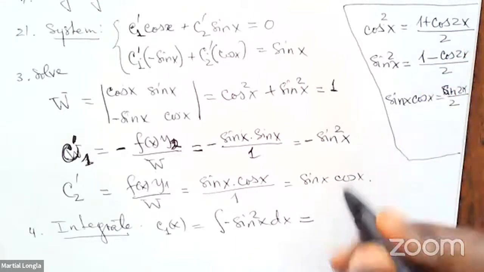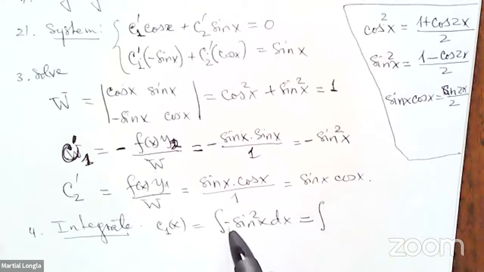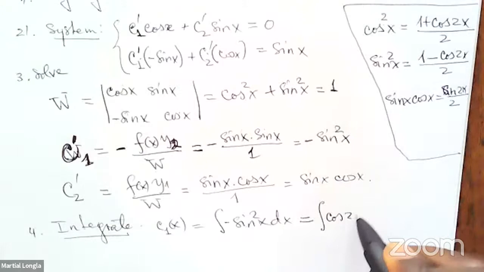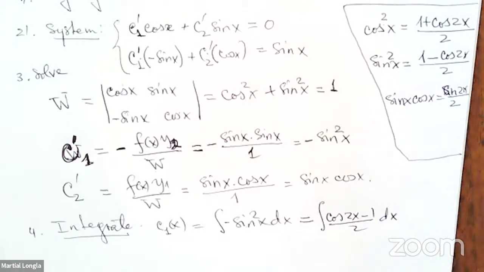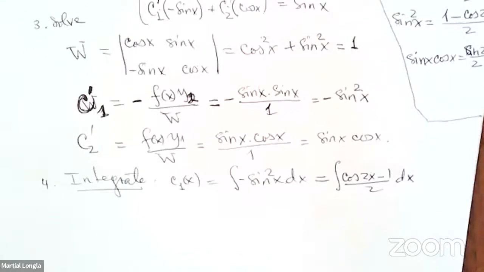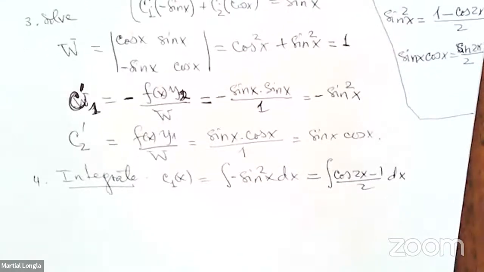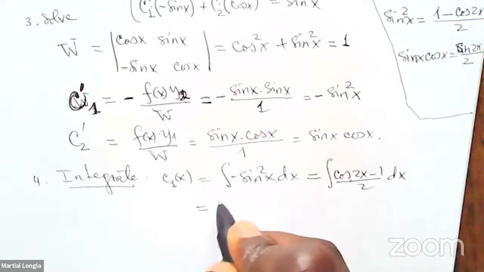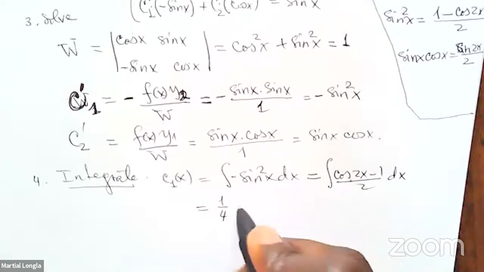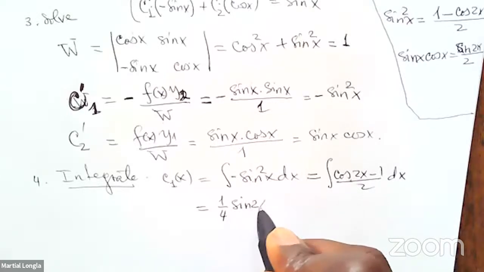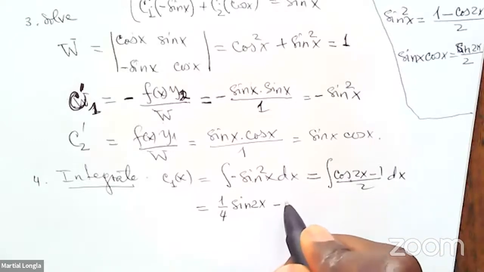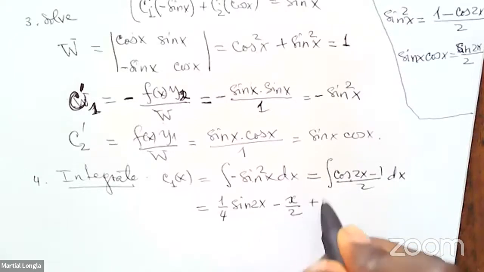If I know, I'm going to write down that negative sine square x is just cosine of 2x minus 1 over 2 dx, and then easily I compute the integral. Otherwise, there's nothing I can do. Integral of cosine 2x is going to be 1/4 sine 2x, and then minus x over 2 plus C1.